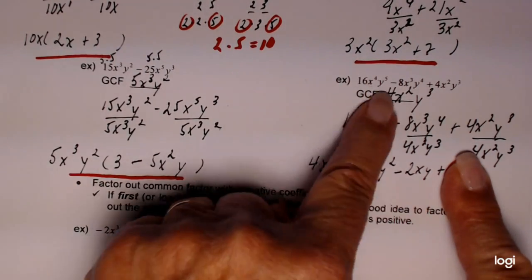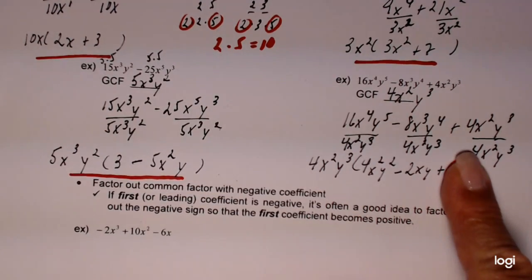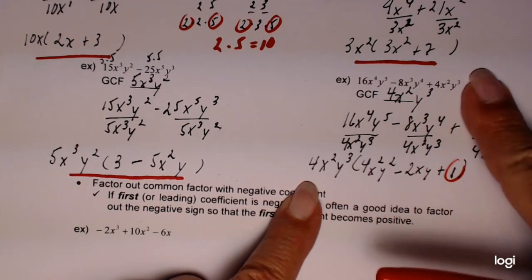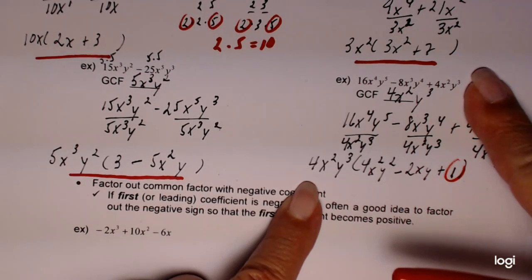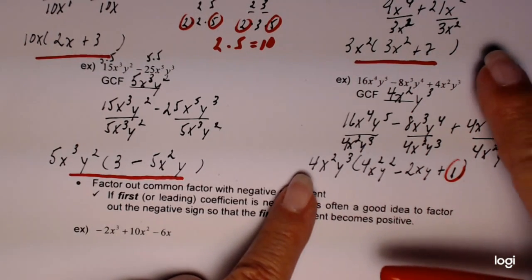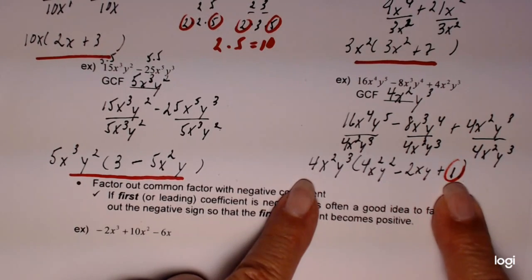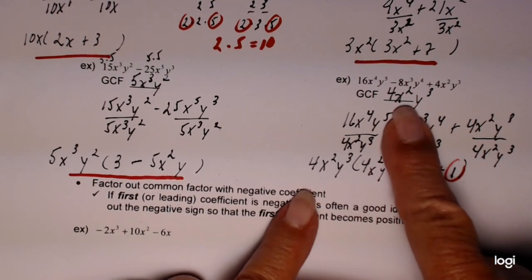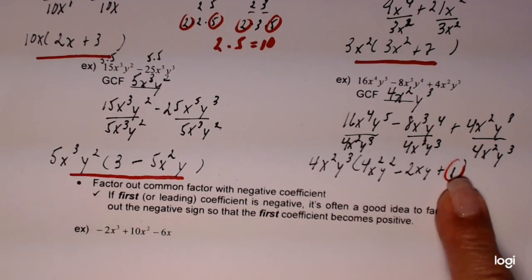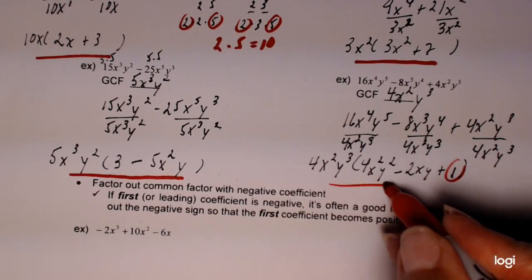This times this will give us the second term, but we will have lost the third term there, because 4x squared y cubed times the 1 gives us this last term. So when you have a term that is the same as the GCF, you are always going to have a 1 sitting there after you've done your factoring. And this will be our answer.